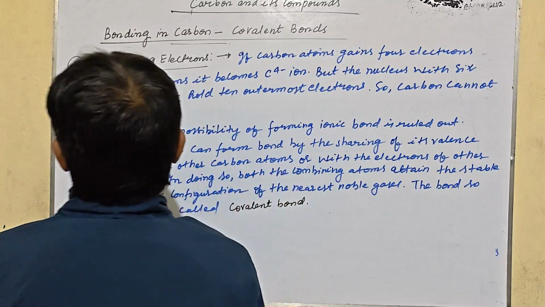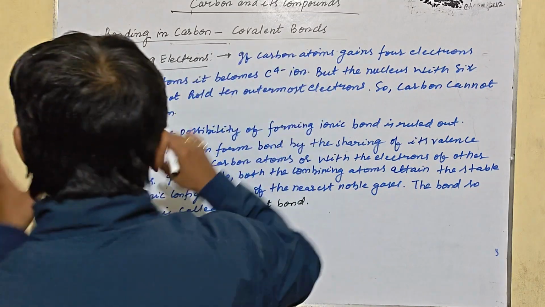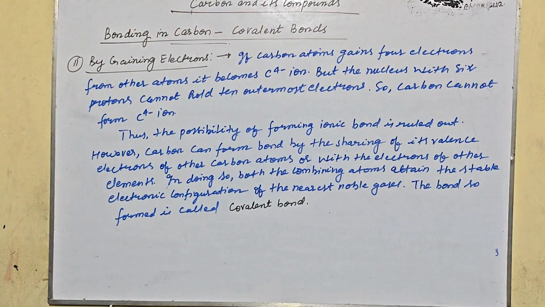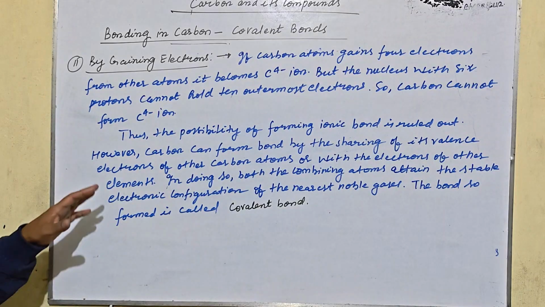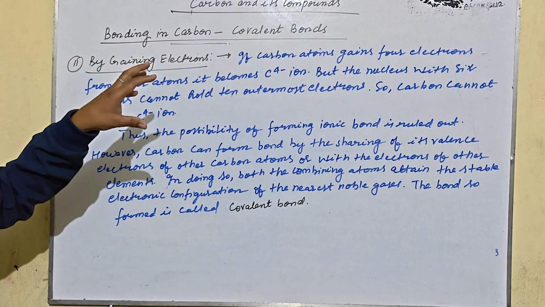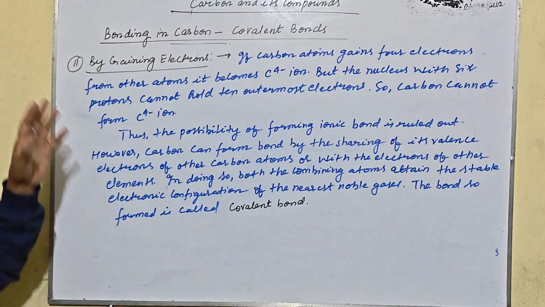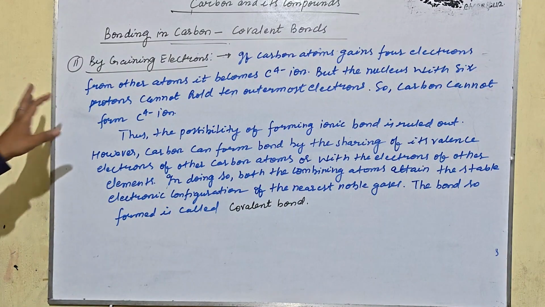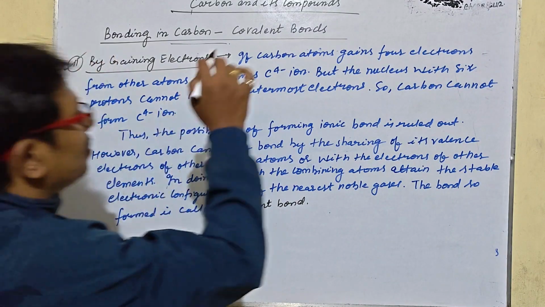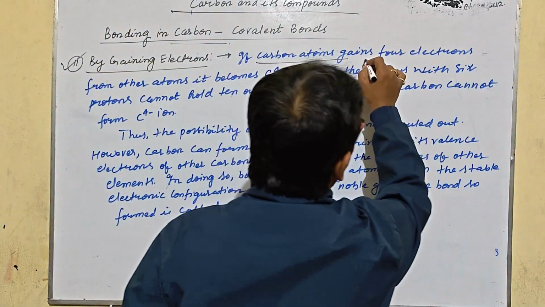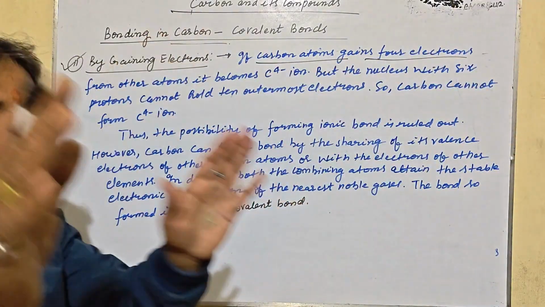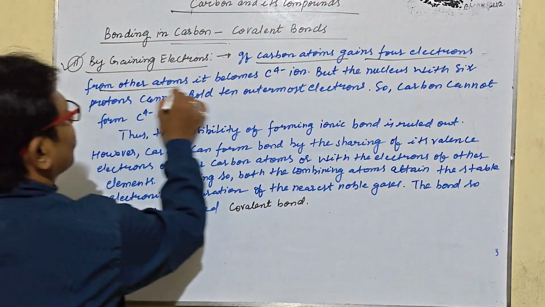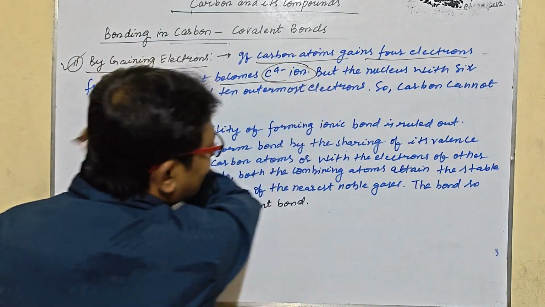So let us recap. First, bonding in carbon, ionic or covalent, by losing valence electrons. Second is by gaining electrons. If carbon atoms gain 4 electrons from other atoms, it becomes a C4- ion.